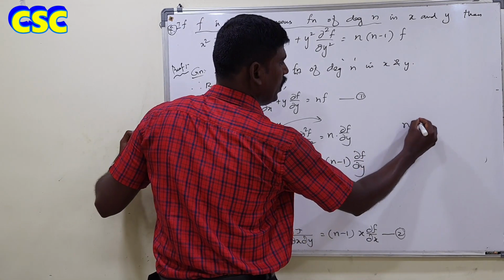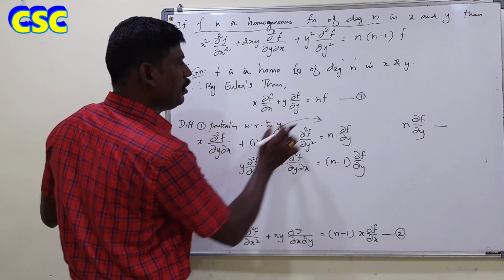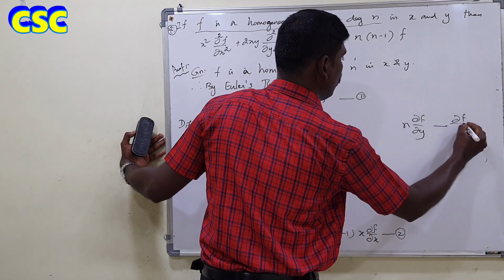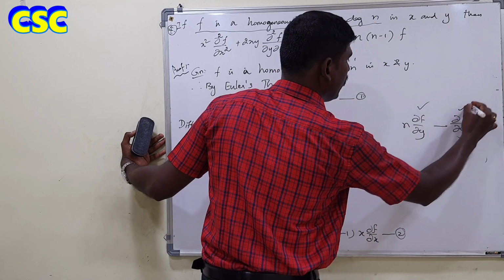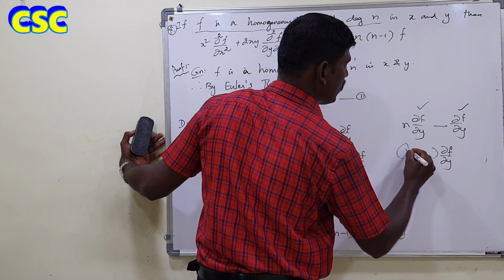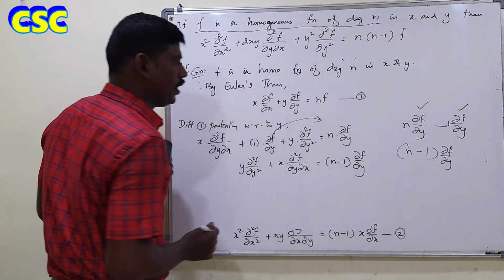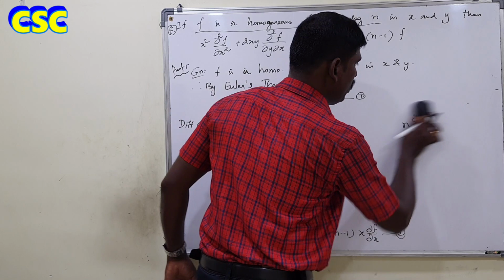N into dou f by dou y is already on the right hand side, and minus the term we take to the right hand side gives dou f by dou y again. So we can take dou f by dou y as common; n minus 1 is what remains. So I write it directly, n minus 1 into dou f by dou y.